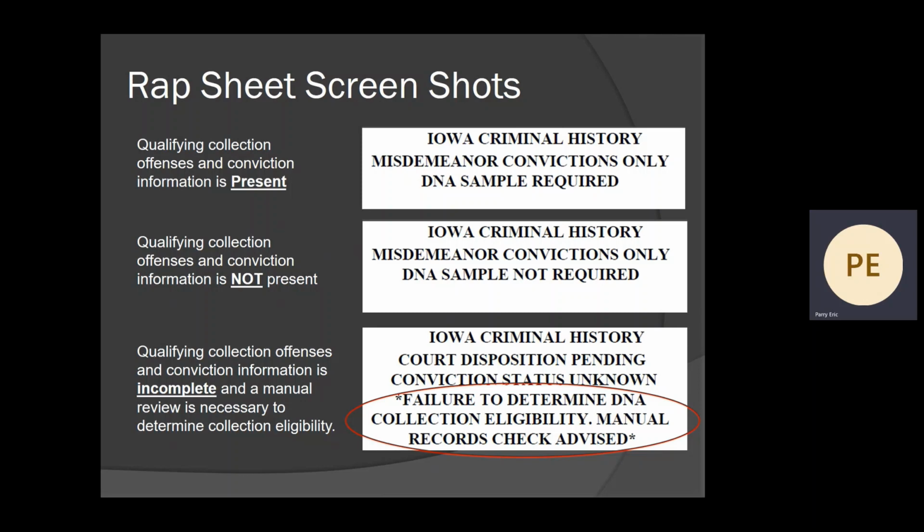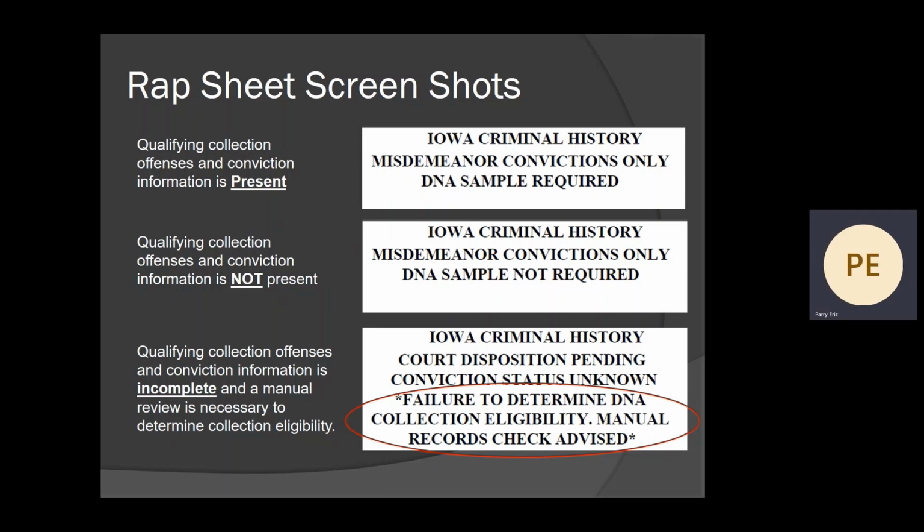Then the last one is kind of the troublesome one. The last one reads, failure to determine DNA collection eligibility, manual records check advised. It just means to the programming, it is not clear if the person needs to be collected or not. So you'll have to look through the rap sheet manually to determine for yourself.